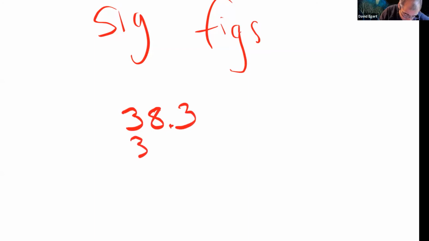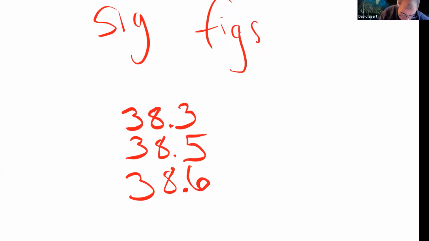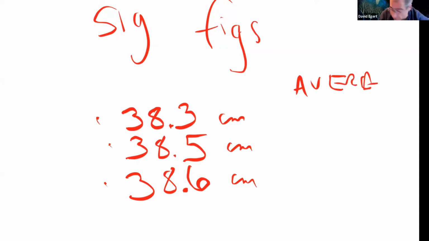38.3 and 38.5 and 38.6. So let's say these were my measurements, and I wanted to get the average. I said, okay, I'm going to do the average, and I'm going to do it fast. Here's my calculator.